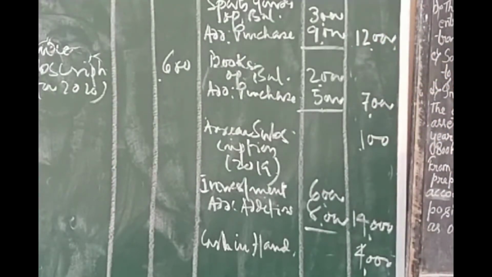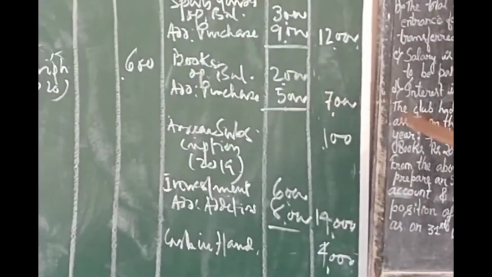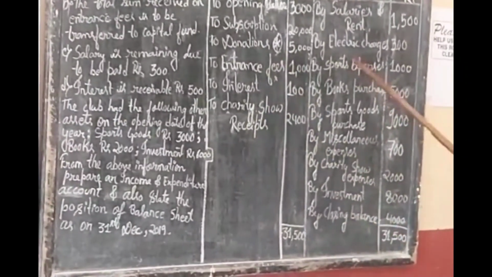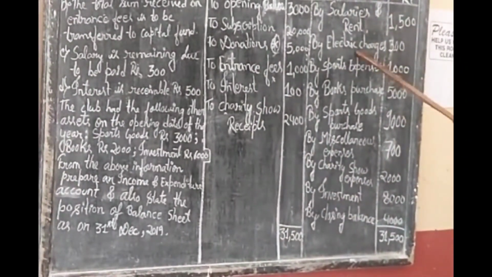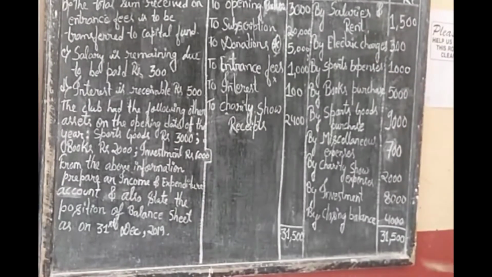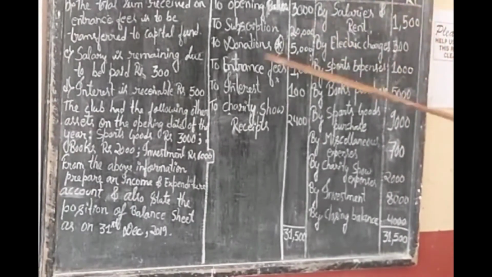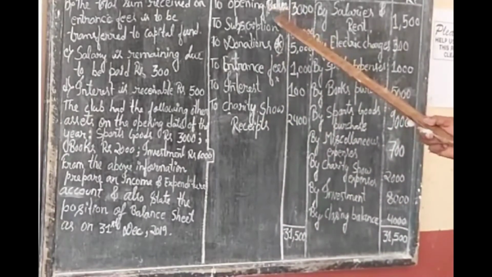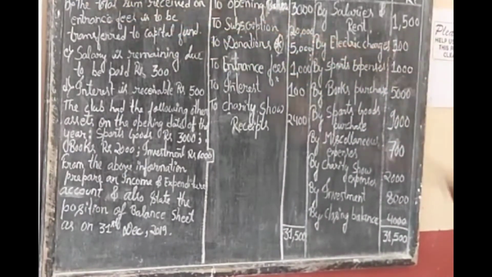Now books purchased, the additional books 5,000, and there was opening books of rupees 2,000. And sports expenses, electric charges, salaries and rent are expenditure, income and expenditure accounts. Now comes the opening balance of cash. It has gone to the opening balance sheet.